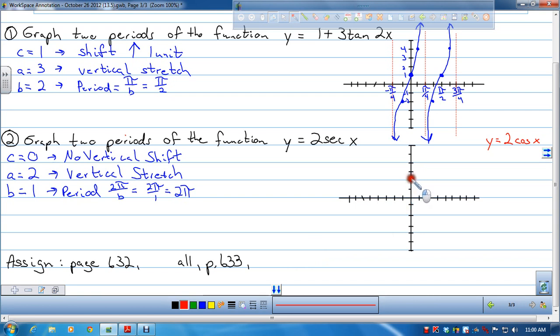So I know I would have a spot. Cosine starts at the maximum and goes down, and it crosses, remember, right there, and then it would get to its minimum, and then it crosses again, and then it gets back up to its maximum.